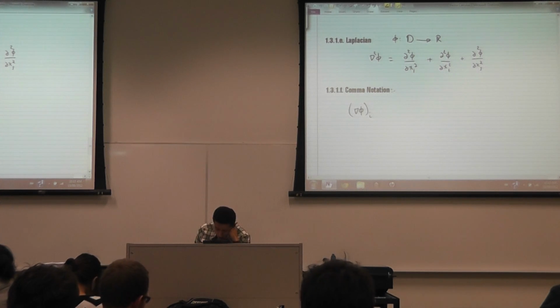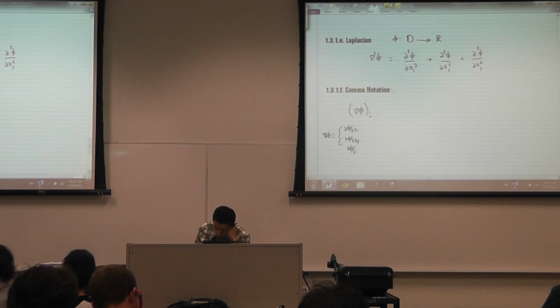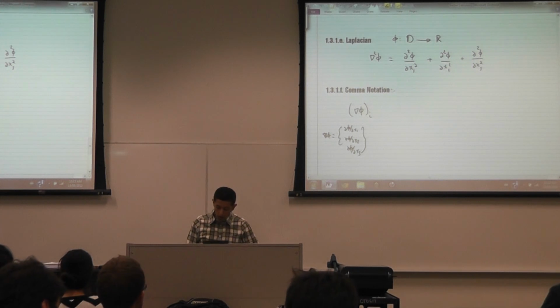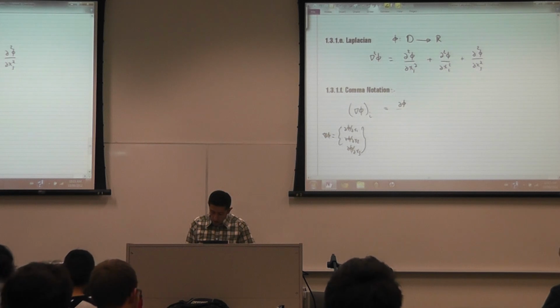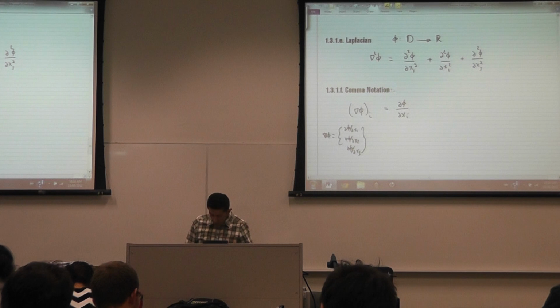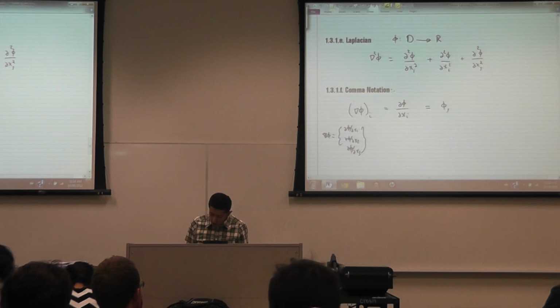Let's remember the gradient of phi was equal to partial phi by partial x1, partial phi by partial x2, partial phi by partial x3. The component i in the gradient of phi is equal to partial phi by partial xi. I can write it phi, comma i.